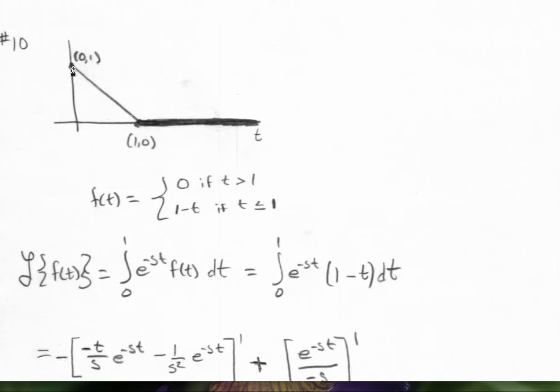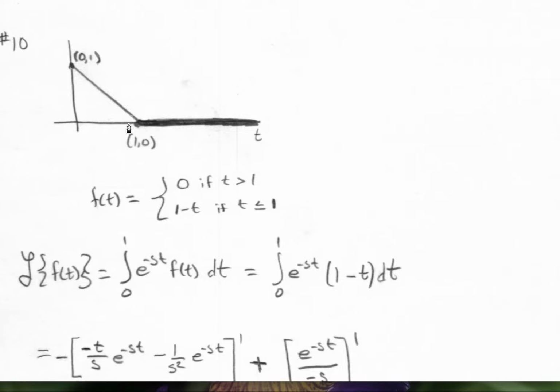And then starting at 1 and going on to infinity, I have 0. So I wrote this piecewise function: 0 if t is bigger than 1, and 1 minus t if t is less than or equal to 1.